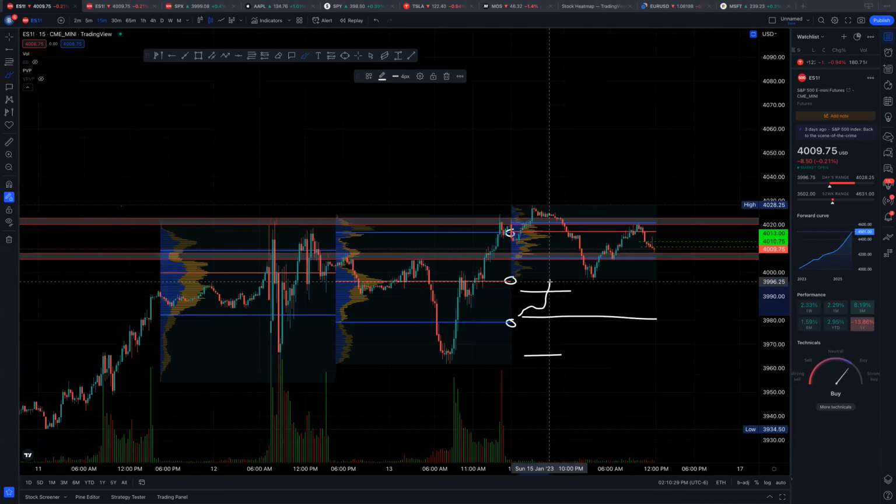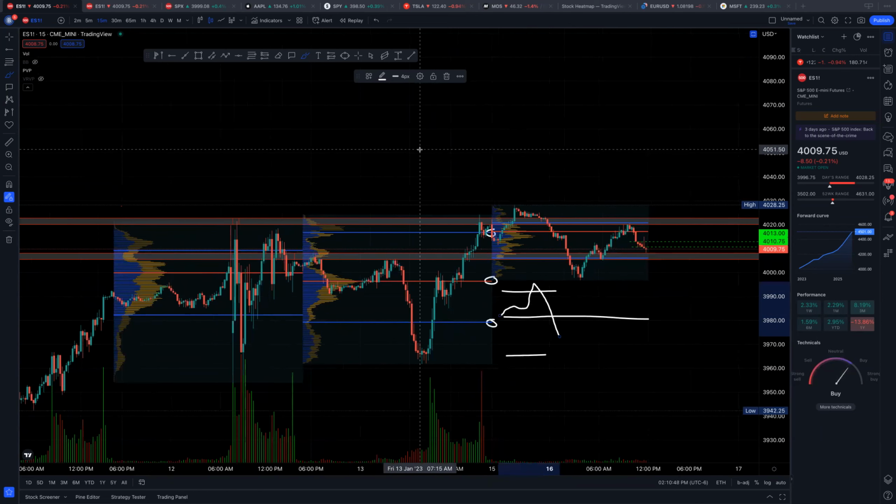Now it goes up to point of control and rejects. So I'm going to try and show you guys how I use the point of control and the value areas based on where price opens compared to the previous volume profile. Does that make sense?